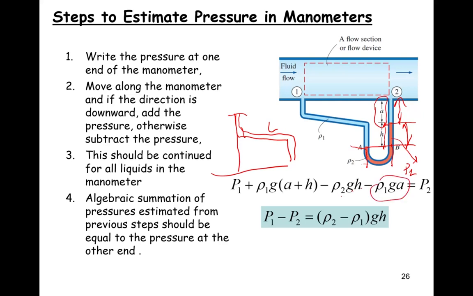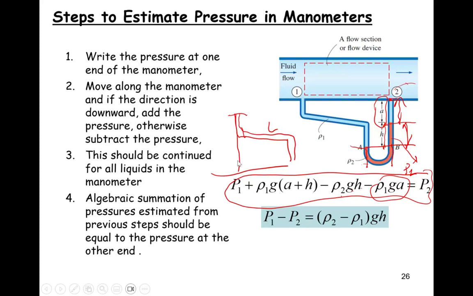When we reach this point, having moved along this path, at the end it should be equal to the pressure at point 2. That's why you see this equation. Very simple, so this is the principle. Start from one end, moving along the manometer.